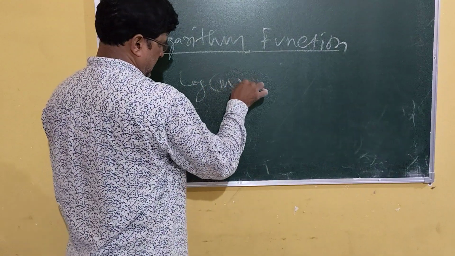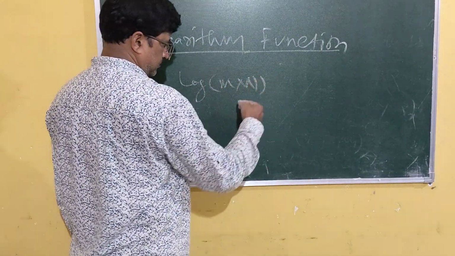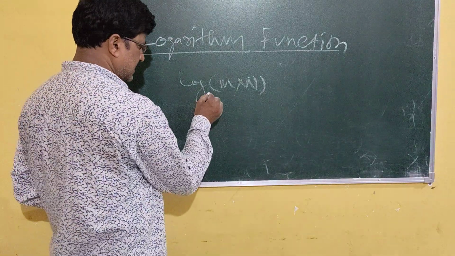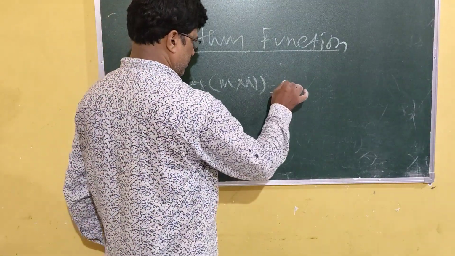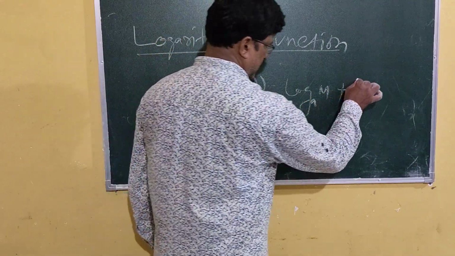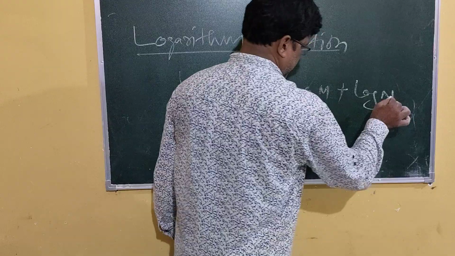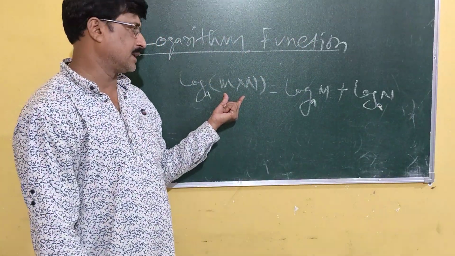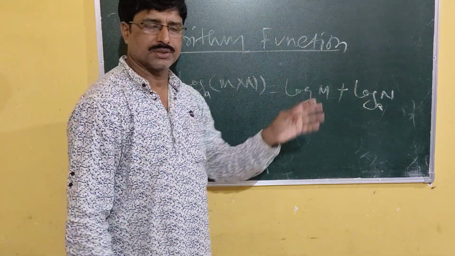Log of m into n, let the base be a, is equal to log m base a plus log n base a. That means if multiplication is there, we can write it as a sum.